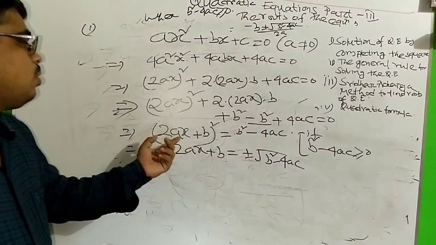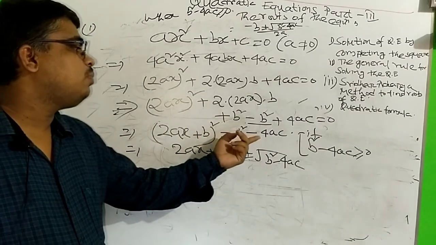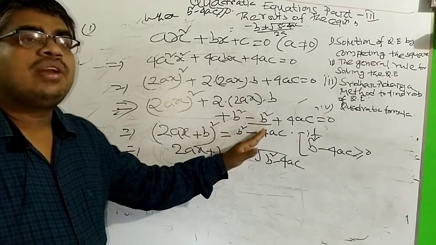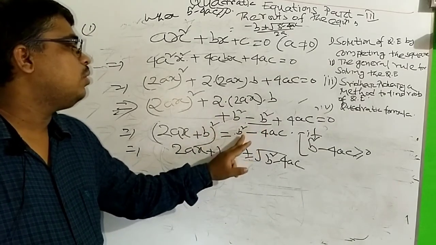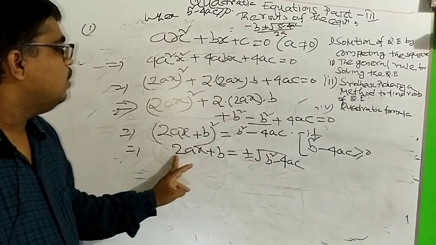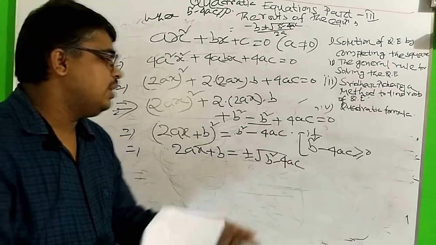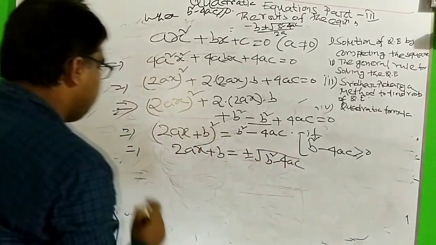We take the square root from both sides. If b square minus 4ac is less than 0, then we cannot find the square root of this term.